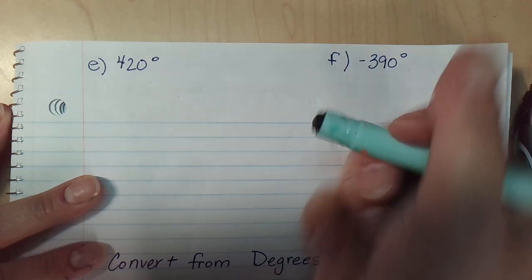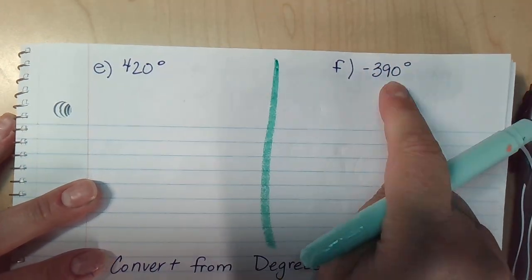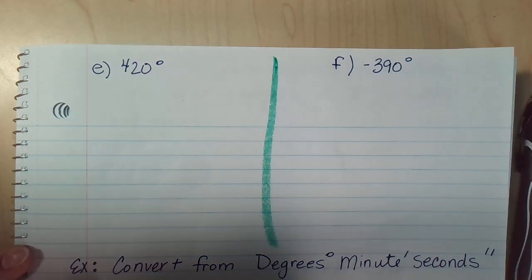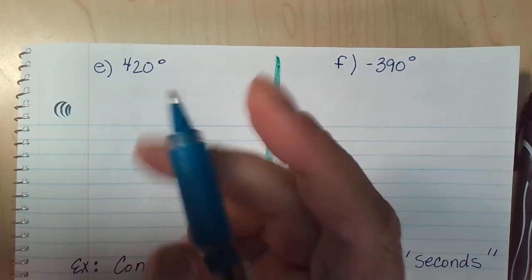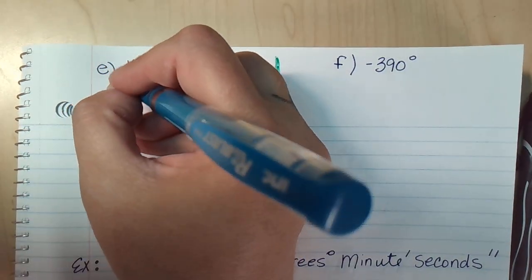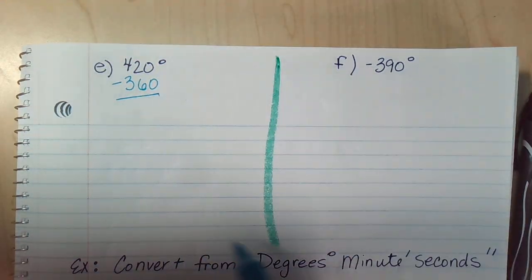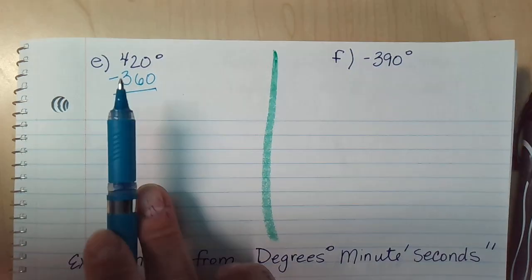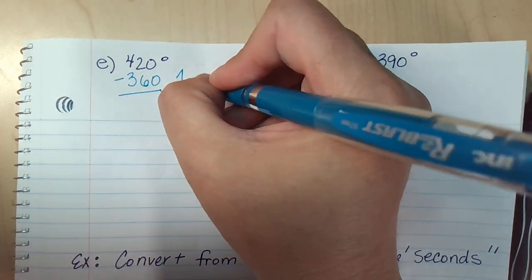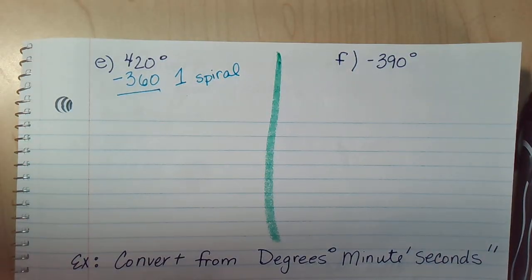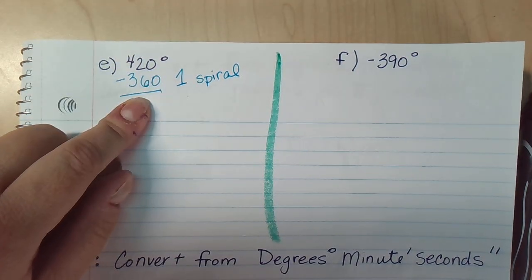Okay, let's go again. 420. Uh-oh, that's too big. Look at the next one, negative 390. What? That's negative and too big. Okay, if you have a number bigger than 360, you're going to subtract off 360 because all the way around a circle is 360. So to get to 420, we definitely have to go once around, all the way around, one spiral to make up the 360.